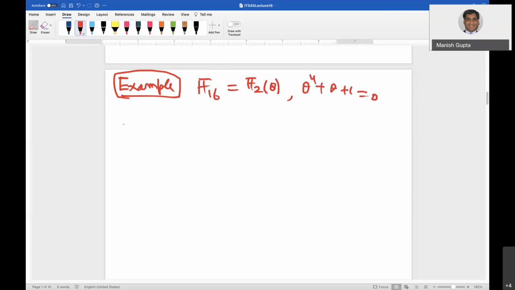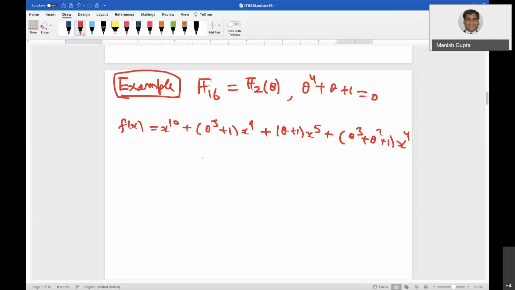Now suppose the polynomial that I want to factor is f(x) equal to x raised to power 10 plus (theta cube plus 1) x raised to power 9 plus (theta plus 1) x raised to power 5 plus (theta cube plus theta square plus 1) x raised to power 4 plus theta cube x cube plus (theta cube plus theta square plus 1) x square plus theta square x plus theta cube.